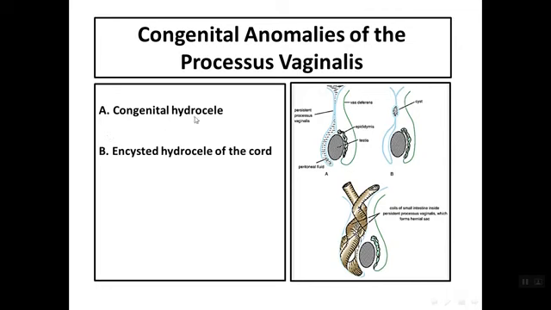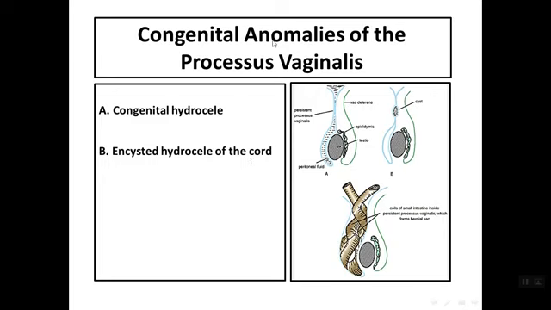Hydrocele means a collection of fluid. Another anomaly is just like a cyst, a small cavity containing fluid, called encysted hydrocele of the cord.